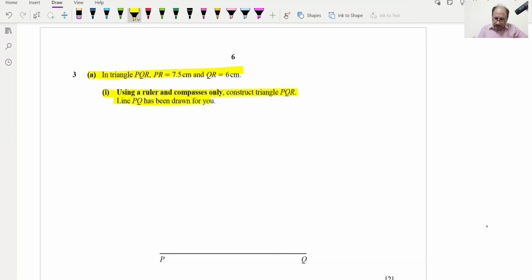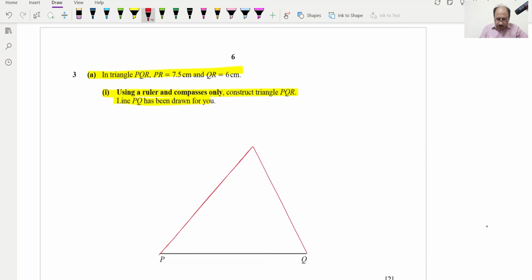So we can draw 7.5 centimeters like this one over here. I will change the color. This is an estimated one because I'm working on the computer. So this will be 6 centimeters, QR.